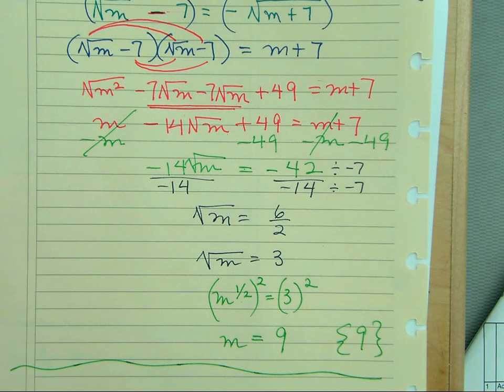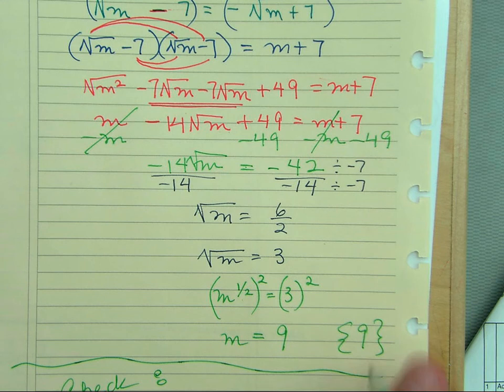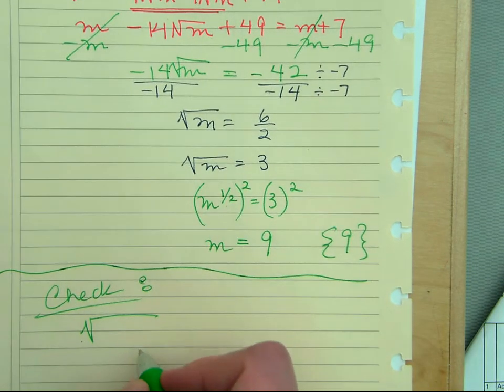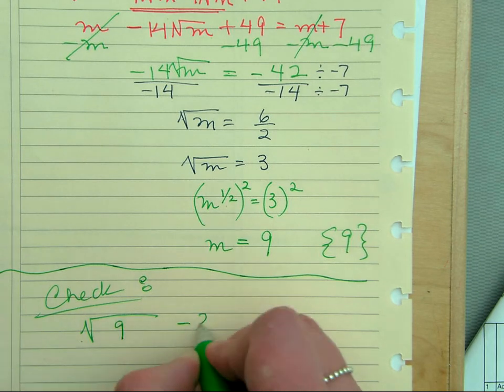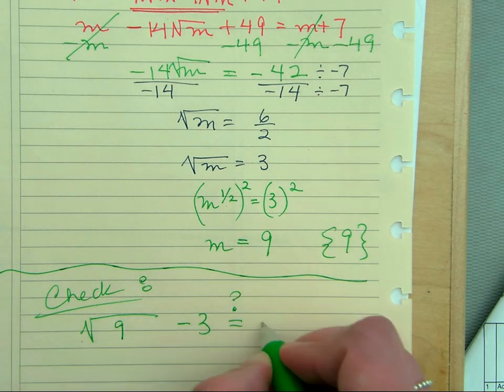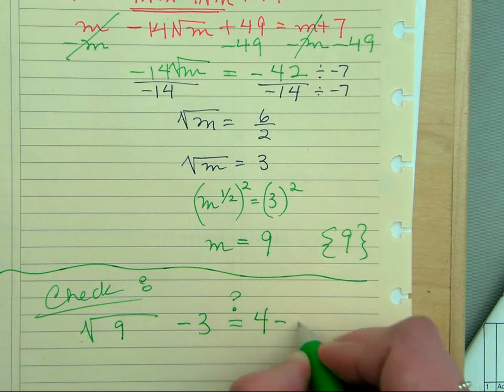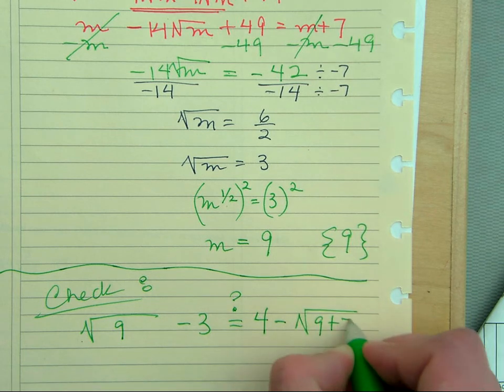But how do we know if it's correct? Check it. Very good. So to check it, I'm going to go back to the original equation, and wherever I see an m, I'm going to plug in 9. So I had the square root of 9, minus 3. Is it equal to 4 minus the square root of 9 plus 7?